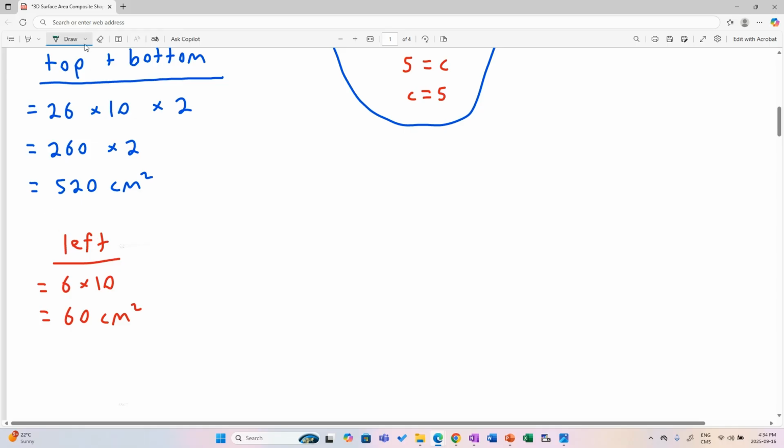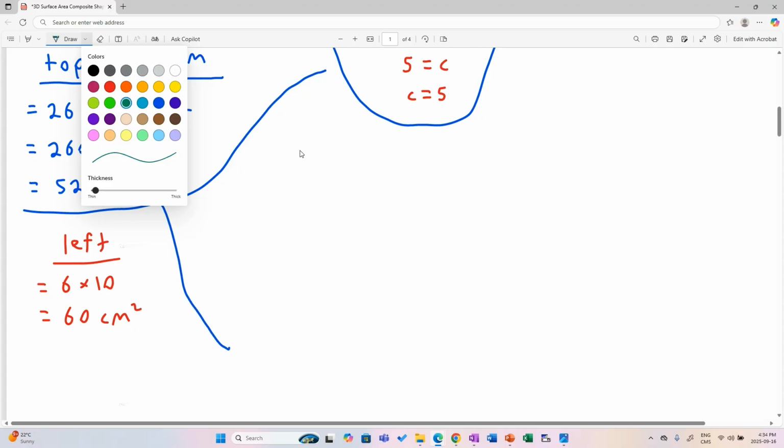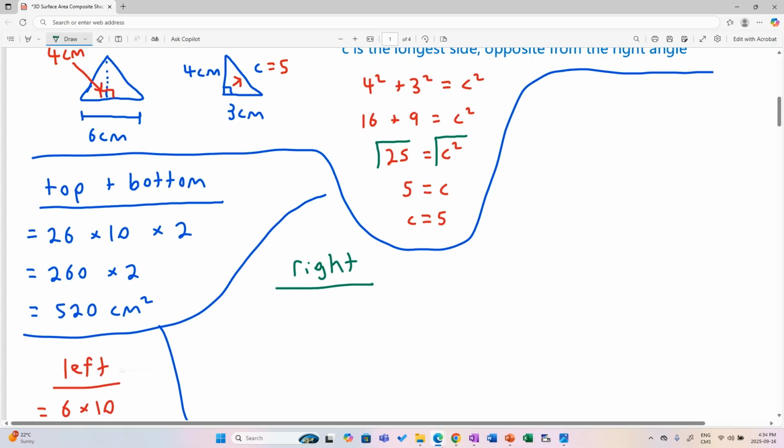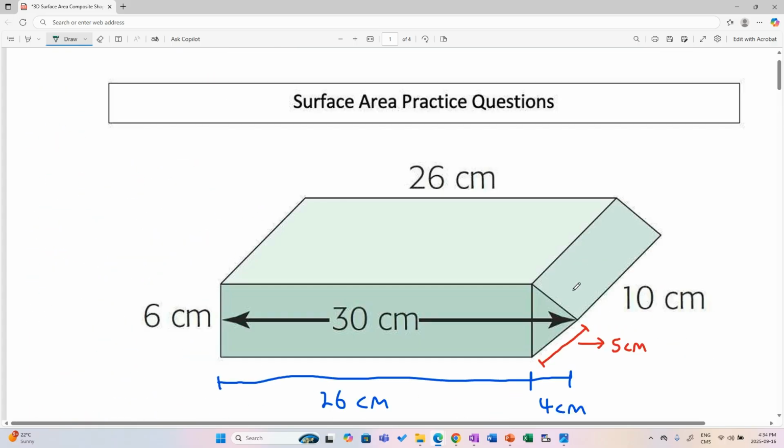I'm just going to organize this a bit more. I'm going to split this up here and split this up here. Okay, let's solve for the right-hand side. Let's see what we got. On the right-hand side, I have this area here, but there's also one just right below it that's the same. It's also 5 times 10.